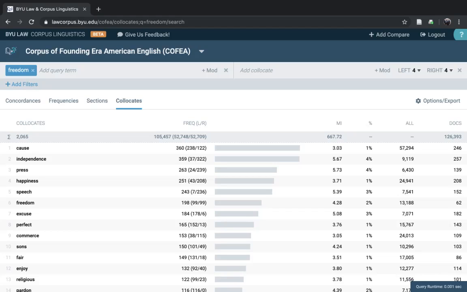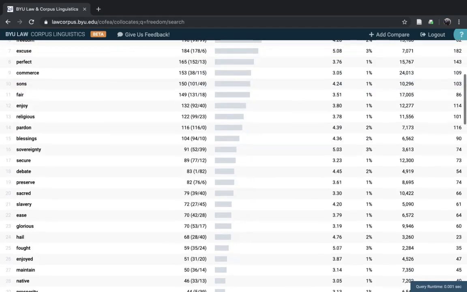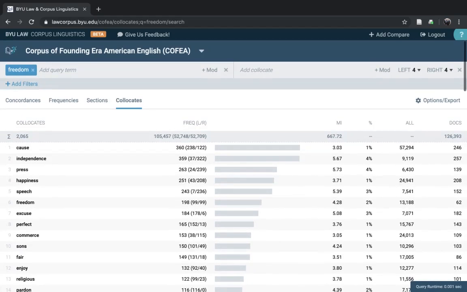Then moving on, this is our mutual information score. All these should be above 3. And we're just organizing here by raw frequency as long as they meet the minimum threshold of 3 for the mutual information score.